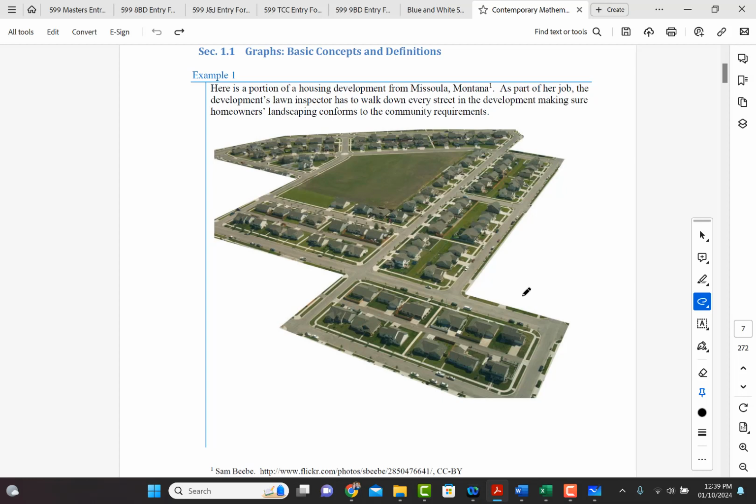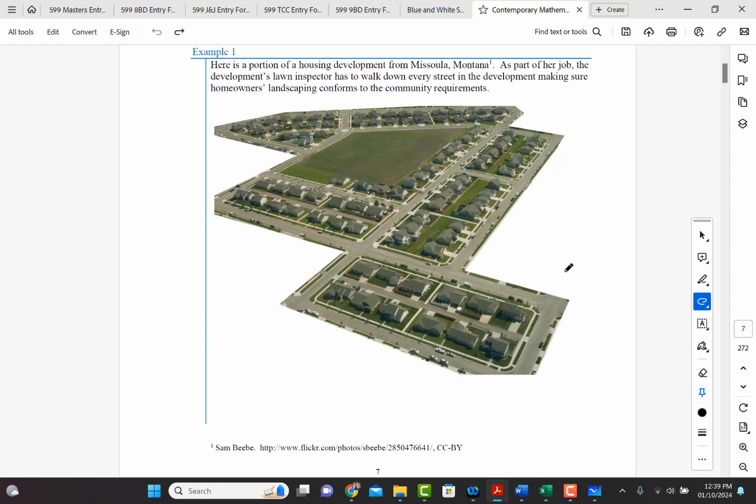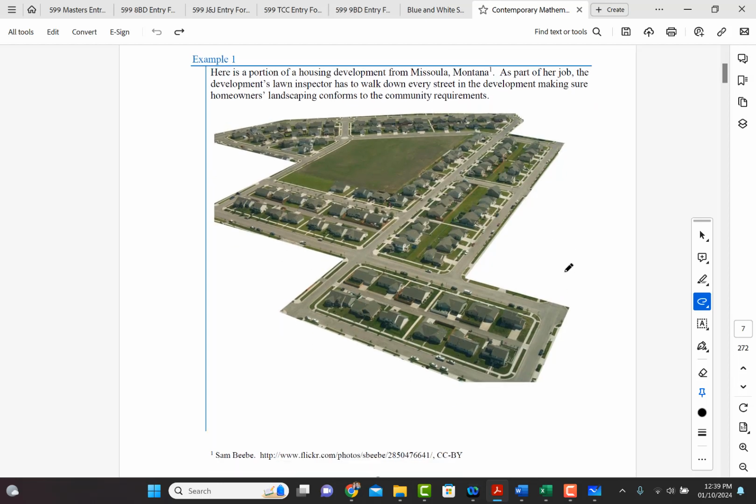The idea here is she wants to minimize the amount of walking she's doing, so being able to walk down, let's say, one street only once, to get around to looking at each house, that is the question.